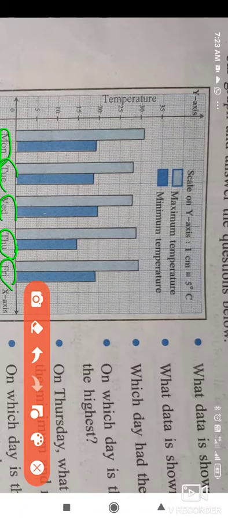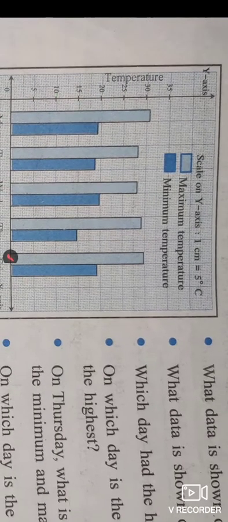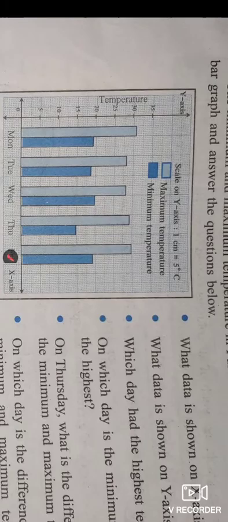On the y-axis the temperature is given in degrees Celsius. So the multiples are 5, 10, 15, 20, 25. In this way the scale is shown. Now let us read the graph.